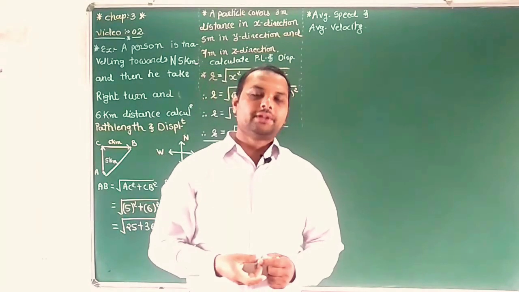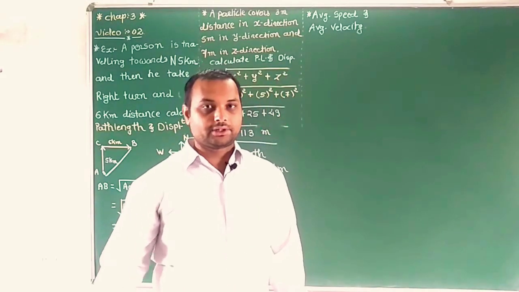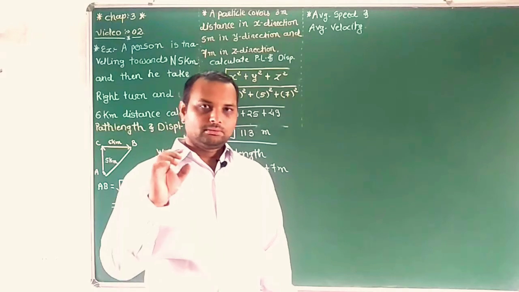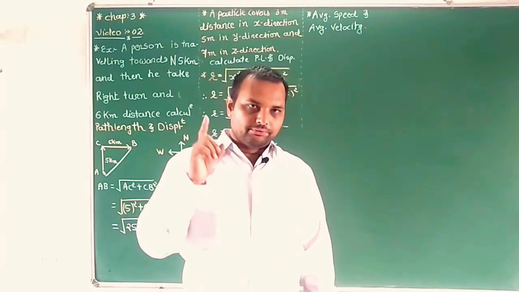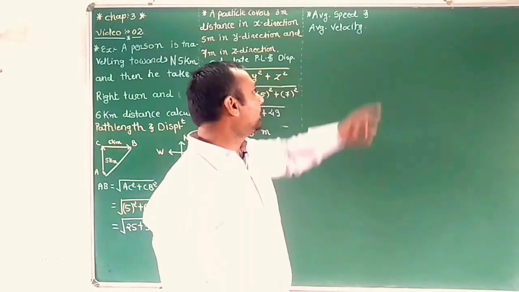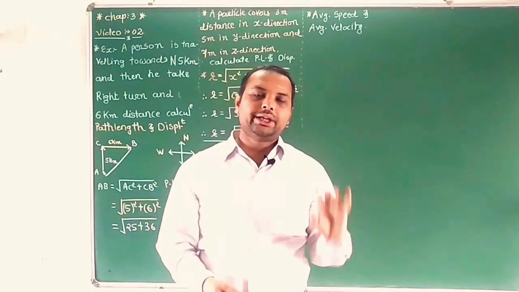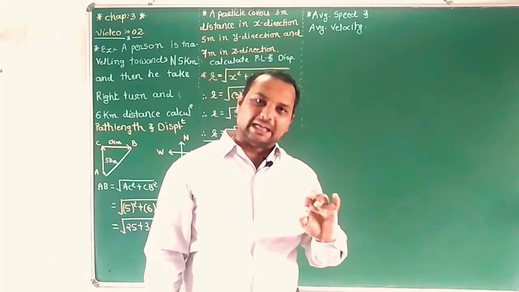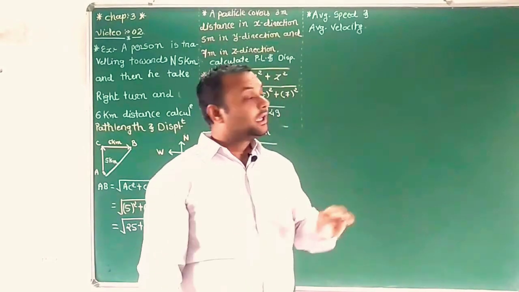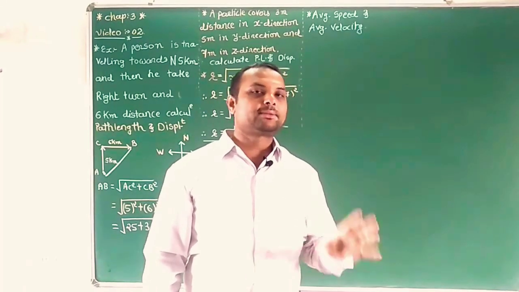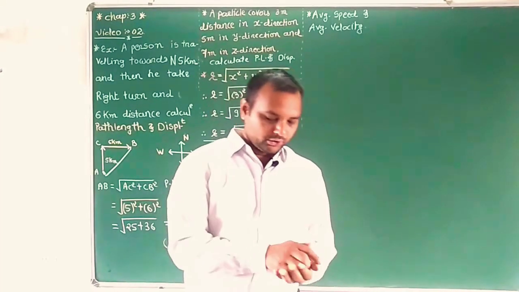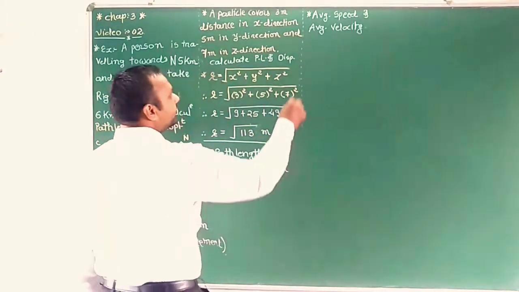What is the difference between speed and velocity? By the definition and by the formula, in speed you are going to utilize the fundamental of the path length, whereas in velocity you are going to use the fundamental of the displacement. Okay, so I write the first definition.